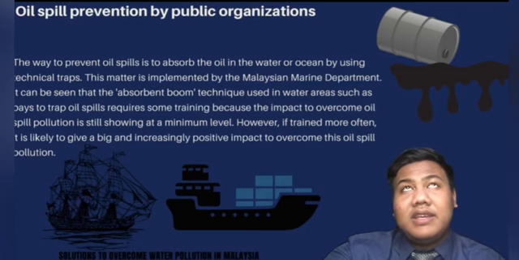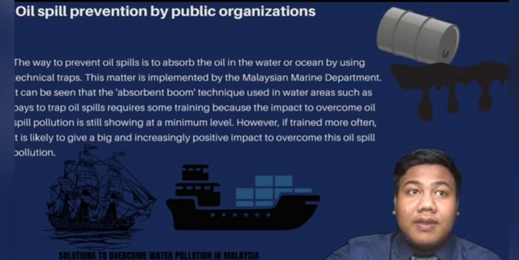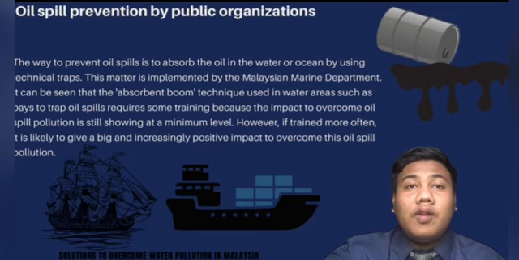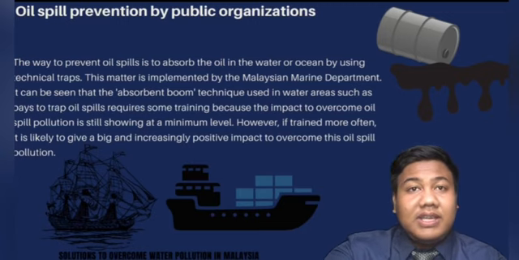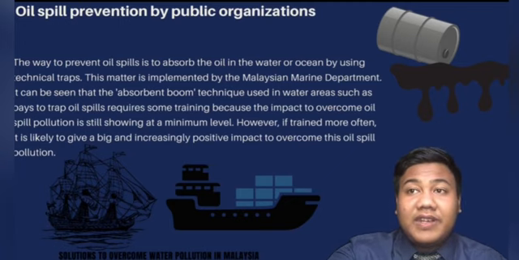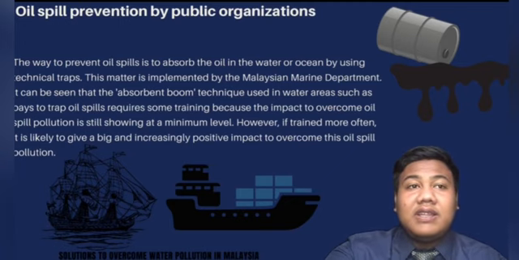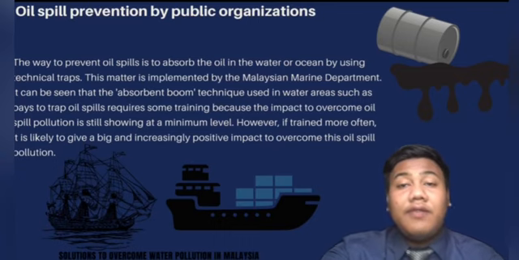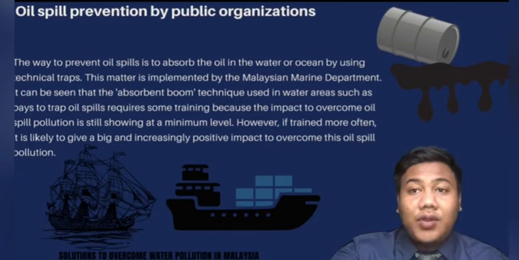It can be seen that the absorbent boom technique used in water areas as a base to trap the oil spill requires some training because the impact to overcome oil spill pollution is still showing at a minimal level. However, if trained more often, it is likely to give a big and increasingly positive impact to overcome oil spill pollution on the water.